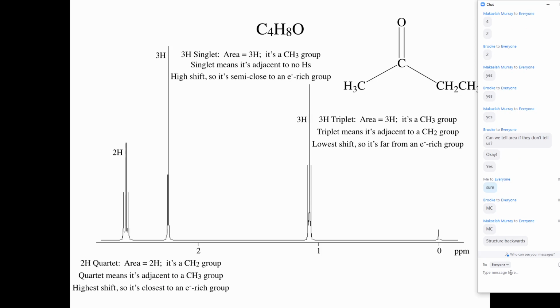Structure backwards. You have to go from the 4 choices backwards to make this worthwhile. So exactly what somebody said, that you can't be that because it's too unique. Things are too different.